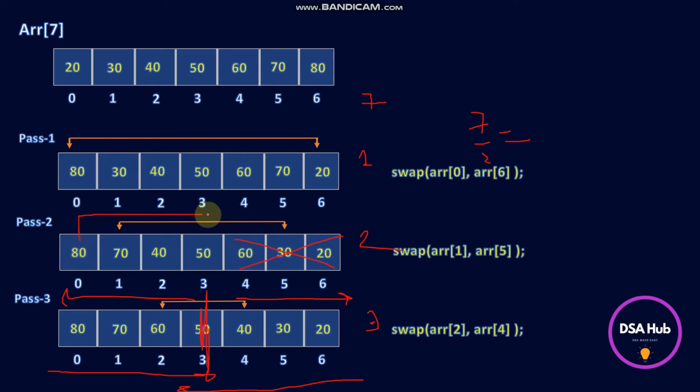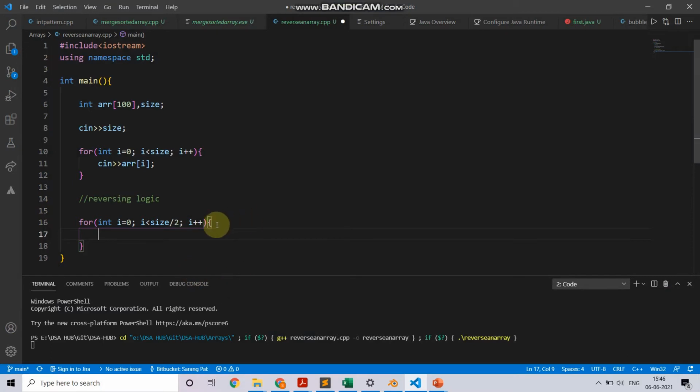In that case, what would have happened is first iteration, second iteration. So only half of the time we need to iterate on our swapping algorithm. That's why we are running it only half the size of the array given.